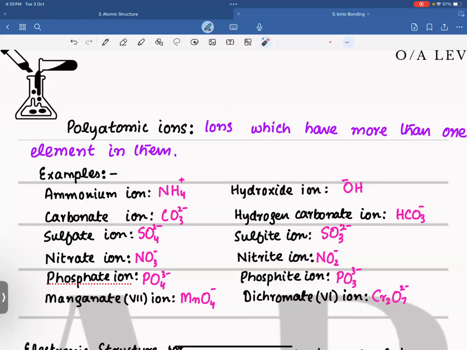Keep this as capital, in uppercase. Now, how will we draw the electronic structure for these ions if it is asked?